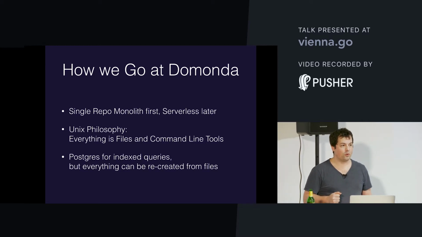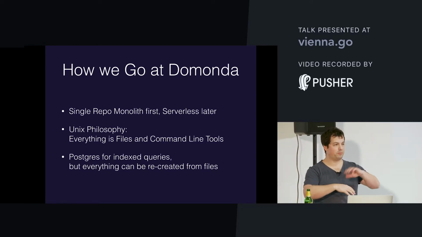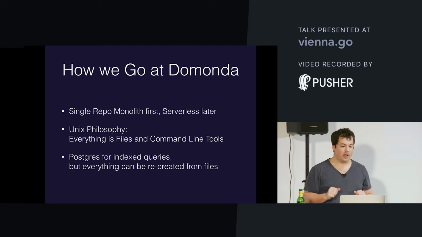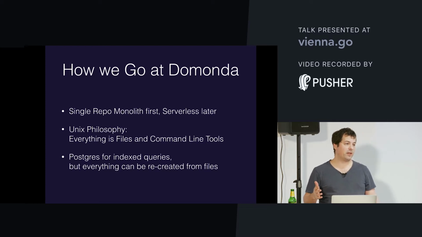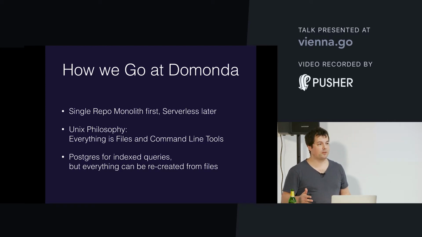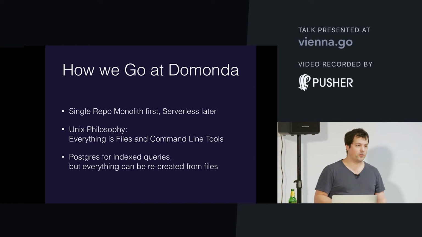We don't go for microservices first and build a lot of microservices, only when we see there's a benefit from going away from the monolith. That may also change when we have a bigger team, but for a really small team, a monolith and a single repo brings the most productivity.